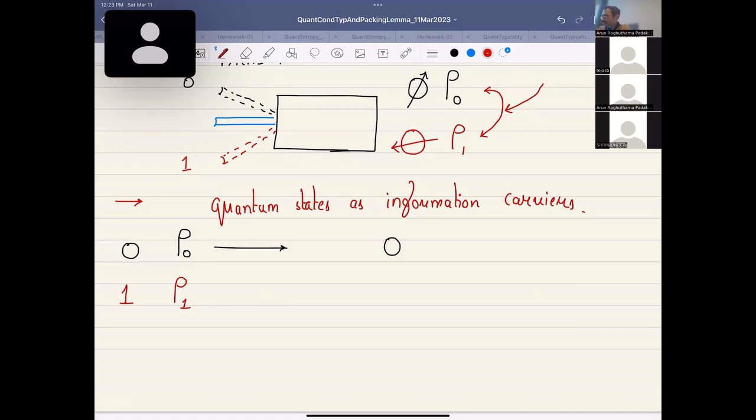In other words, if he is able to perfectly distinguish between the two quantum states rho_0 and rho_1, then you can always use these quantum states as carrying that information bit. But suppose they are not distinguishable, then there is a probability of error. And if you recall, the probability of error is proportional to the distance rho_0 minus rho_1.